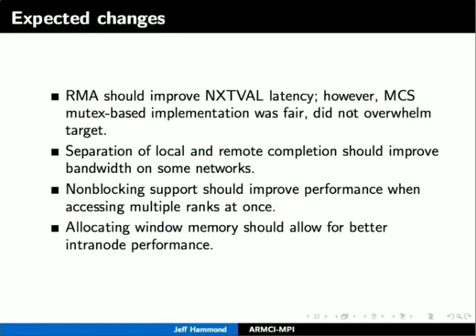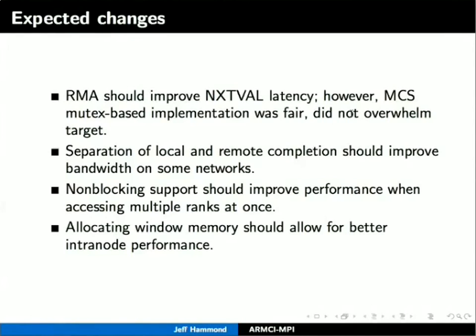However, one of the advantages of the old version, which was not atomic, it uses a mutex, was that the mutex was fair. It's an MCS lock-based approach, and because it's fair, it actually delivers very consistent performance, even if it's low. And that has some advantages at strong scale to not have sort of crashing on the locking systems.